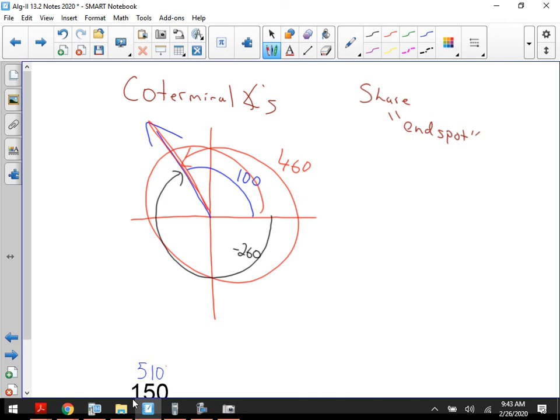Everybody okay with this so far? Positive, negative, coterminal. There are some rules that go along with positive and negative coterminal angles. Basically, to find them, there are 2 things that can happen.